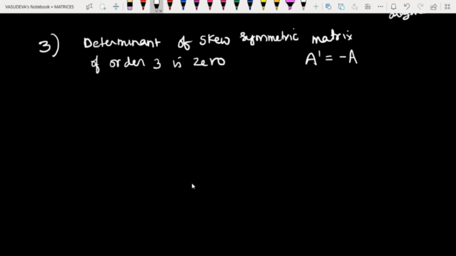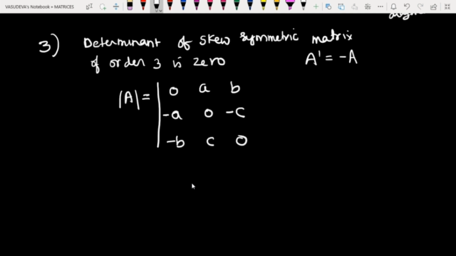What is the characteristic of a skew symmetric matrix? If we take the determinant of the skew symmetric matrix, here I am taking 0, A, B, then minus A, 0, minus C, and minus B, C, 0.